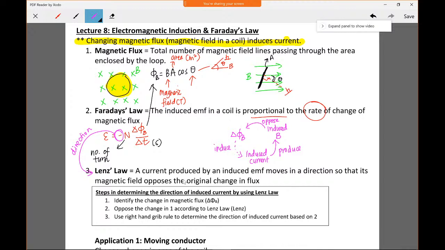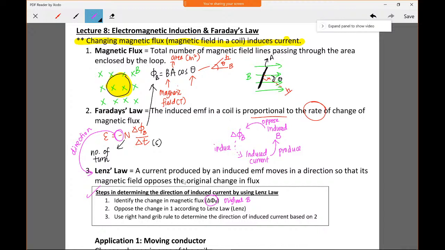In order to help you determine the direction, these three steps have to be followed. The first step, determine the change in the flux. This is the original magnetic field. How has the original magnetic field changed?